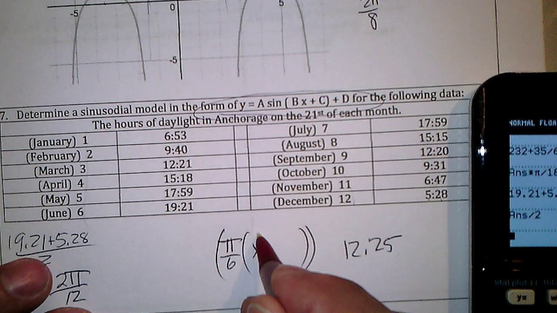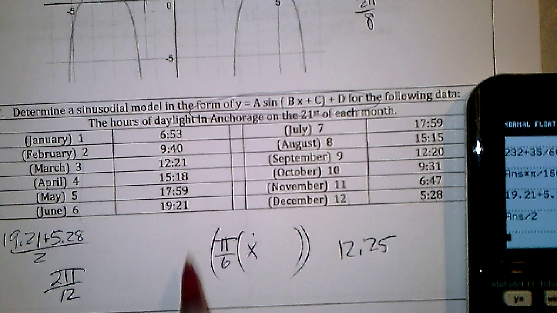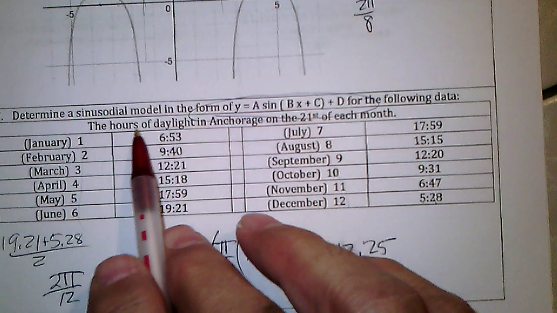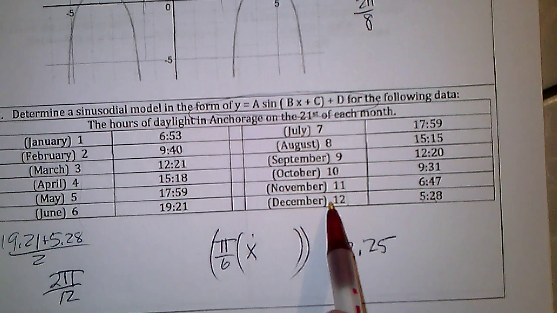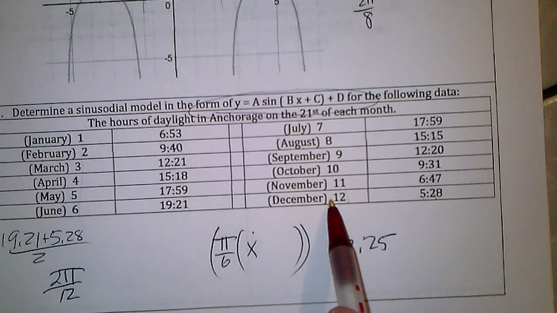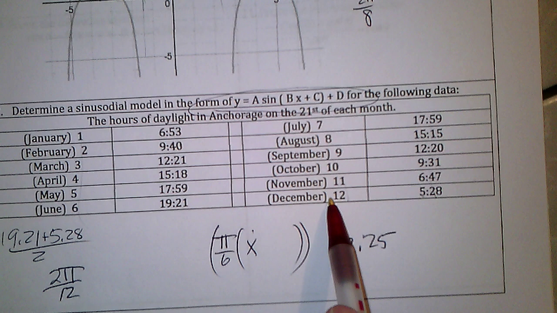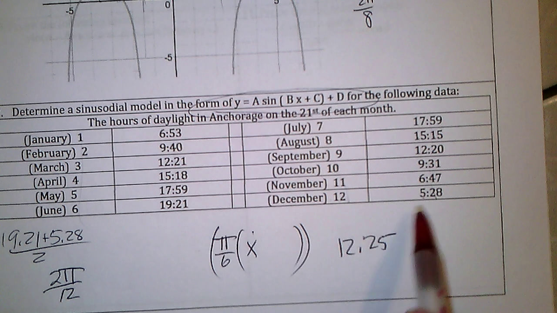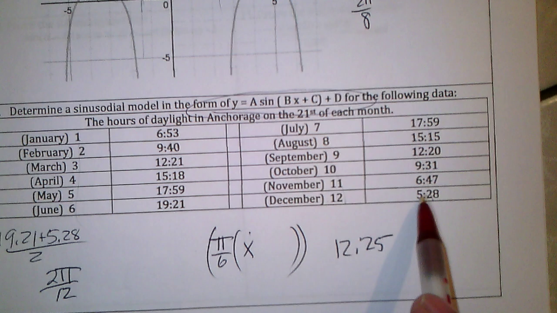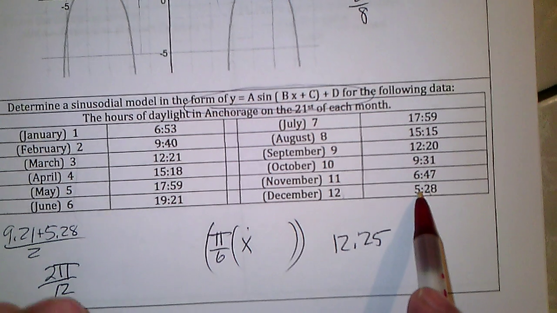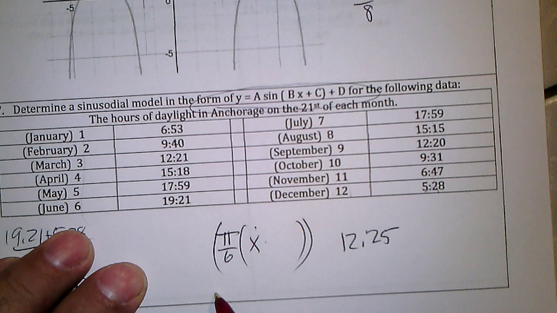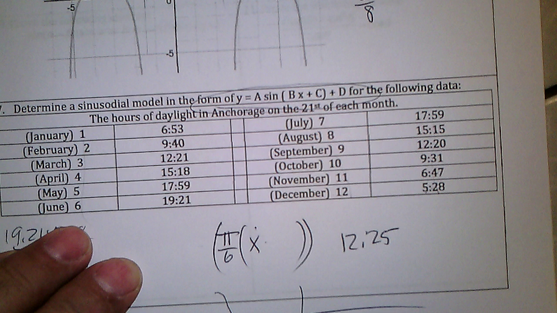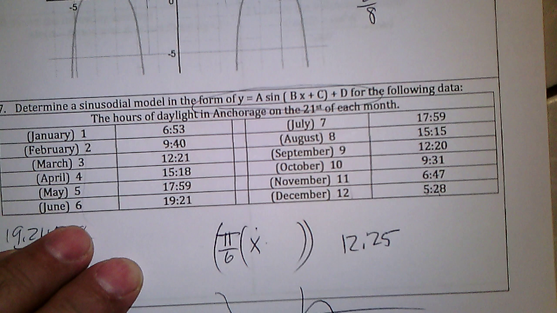And x, or t, time, and this is hours of daylight in Anchorage. So December 21st is the lowest, and this is the 21st of each month. So if December is 0, that's the time we want that to be. So we don't need to shift it sideways. No, see, we want the cosine starts at the top. Well, we're supposed to do the sine. The sine starts on the center line and goes up and down and up.